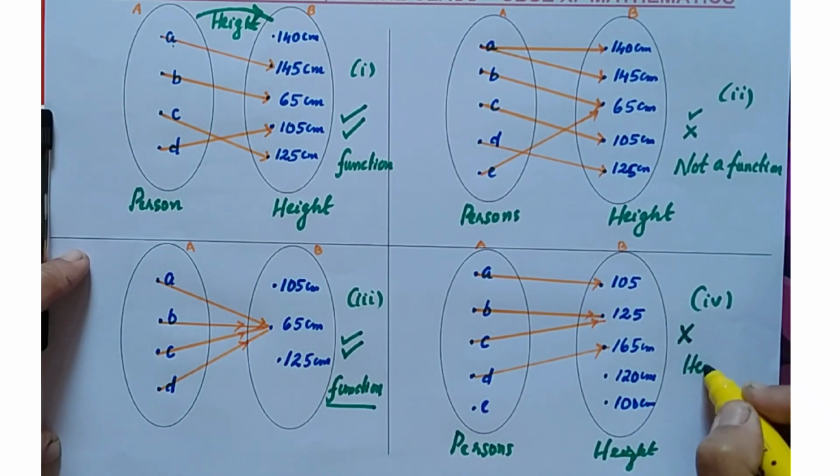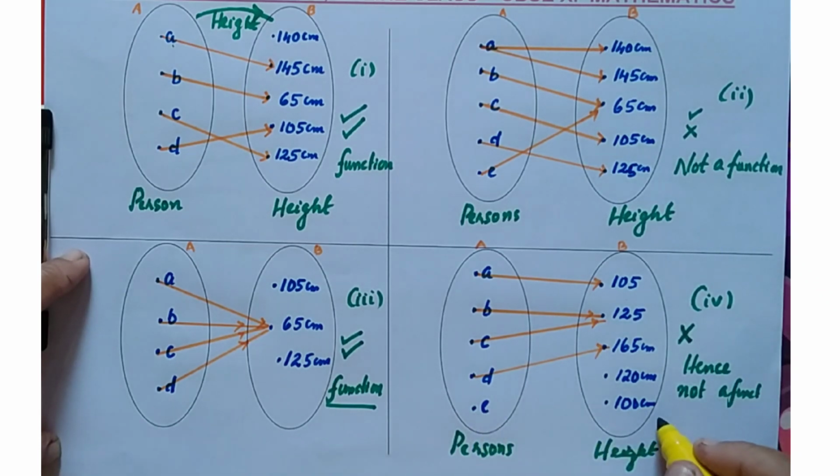Hence it is not a function. So what is the reason here? The reason is the element E in the set A has no image or no relation.